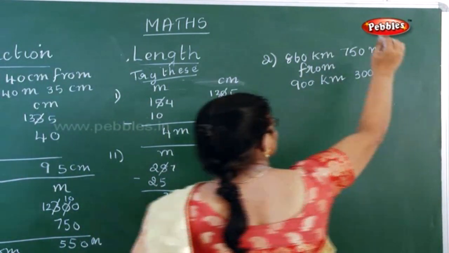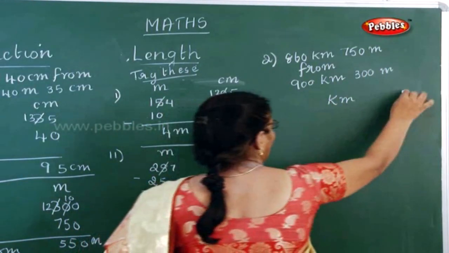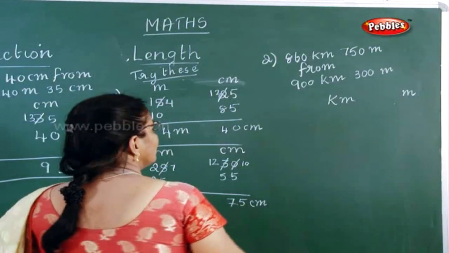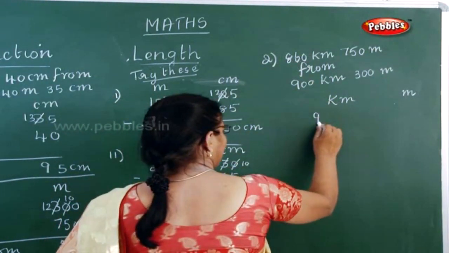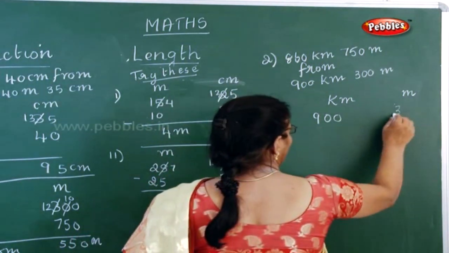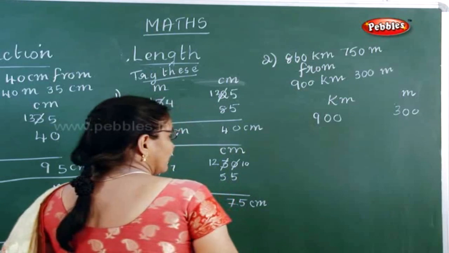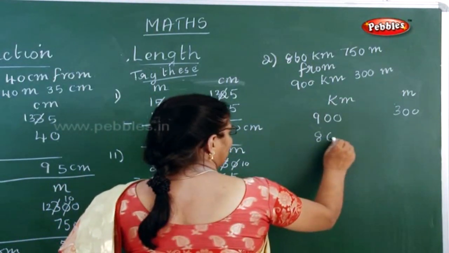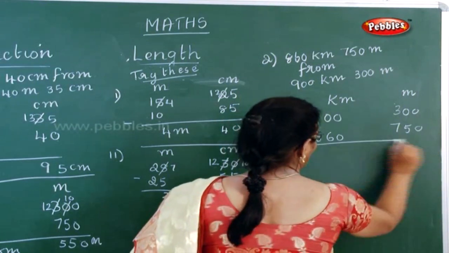Now how will you do this? What will you write? Kilometer and meter. You have to subtract this from this. So you write 900 and 300 here. 900 kilometer, 300 meter. And here it is 860 kilometer and 750 meter. Now what will you do?